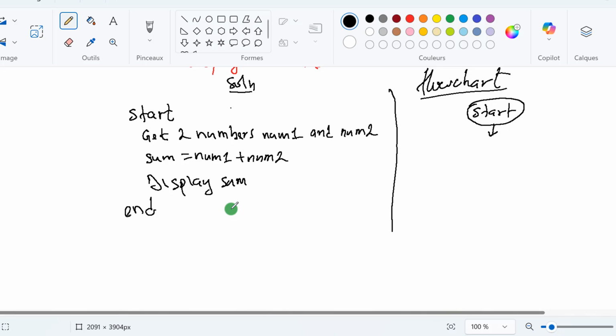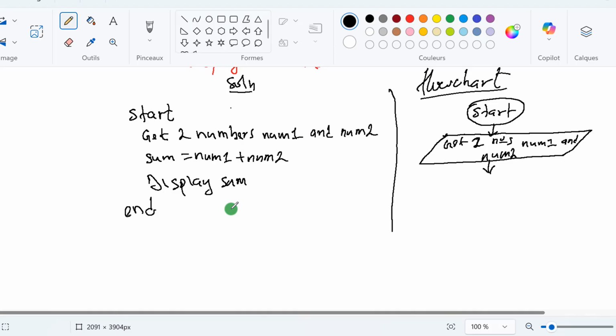Get means we are taking an input from the user, meaning the user must enter numbers. And we know that to do so we use which symbol? Parallelogram. So here you say get two numbers, num1 and num2. You go to the next.